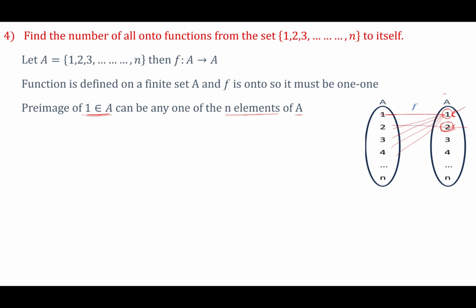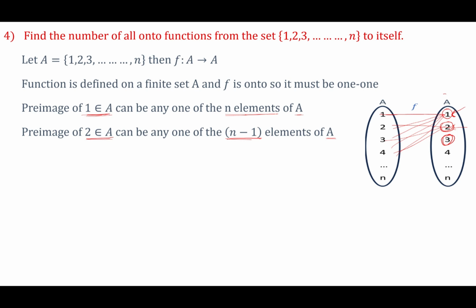So the pre-image of 2, which belongs to the domain, has n-1 elements in set A. In the same way, 3 has n-2 elements, because already these two elements have images. So 3 has n-2 elements.